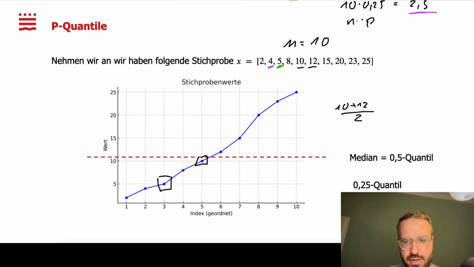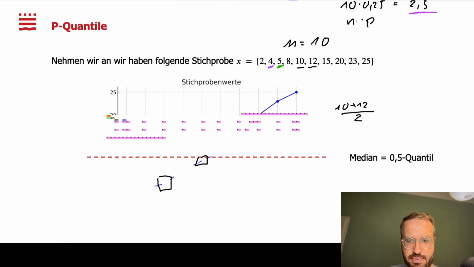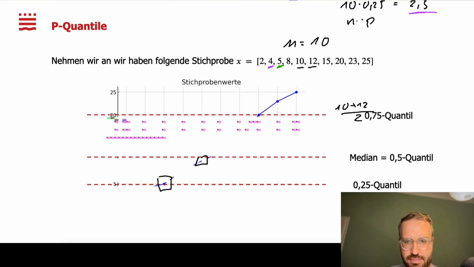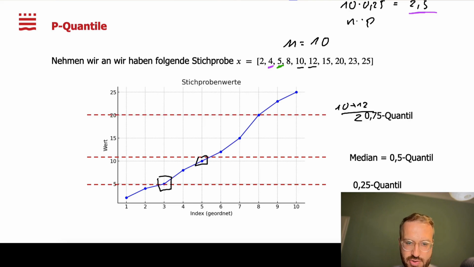Imagine that we are now looking at the 0.2 quantile. So, let's consider the 0.2 quantile. I will do this here in a new color. We would have 0.2 times 10, and that would yield a whole number. Yes, that would be 2. And what we then need to do is take the value in between.